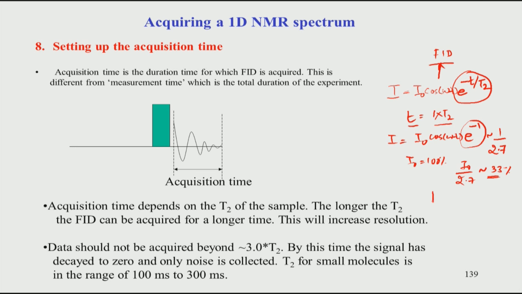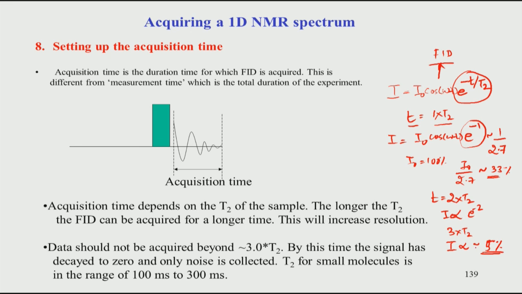Now, if I take t equal to 2 times T2, then I is proportional to e raised to minus 2, which has further gone down by the square of this, which is about 10%. So, in about 3 times T2 the I will be only about 5%.